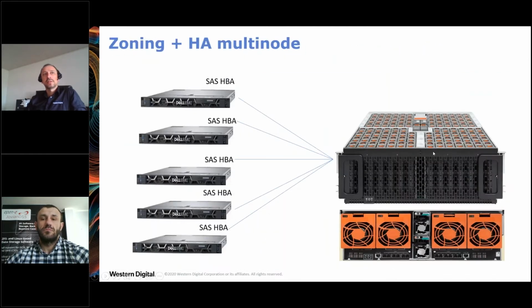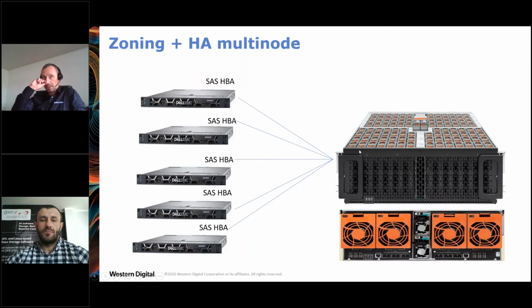So how does it work? We can just plug through the SAS HBAs or RAID controllers to a decent number of compute nodes, and then make sure that they get their required capacity. It can be done with zoning, can be done without zoning. You can make multiple nodes and then give access to the shared storage or common access to the drives.